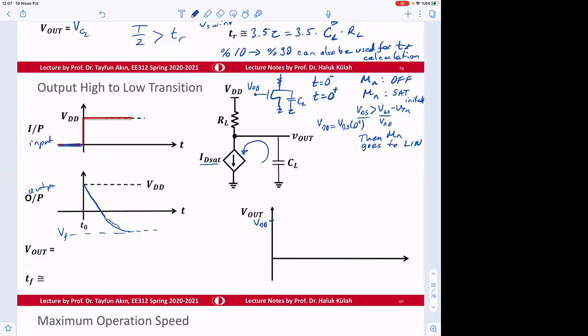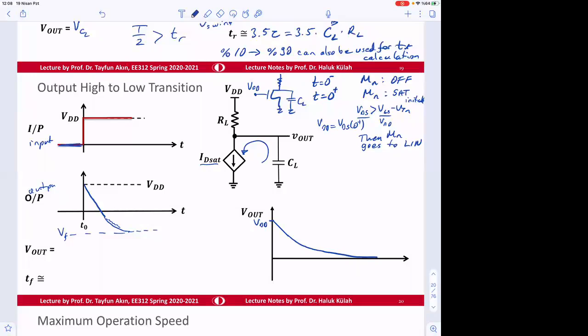So basically, initially it will be discharging very fast, almost like linear. Okay, fast and linear. But then it will be discharging like this, okay?